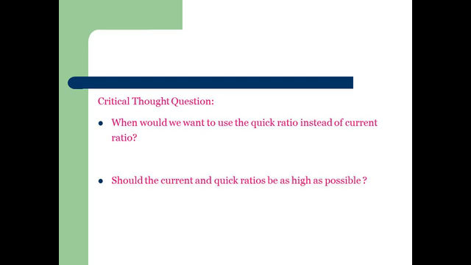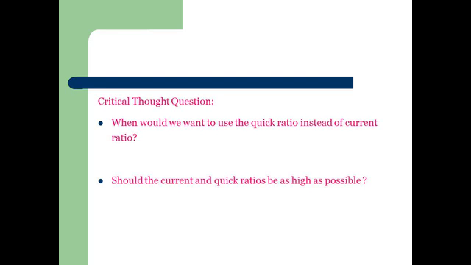We all know what inventory is. Inventories are our products, or you can say our current assets that we have to sell. So how much time will it take to sell? That is a question mark. That is why we normally exclude inventories from the quick ratio.